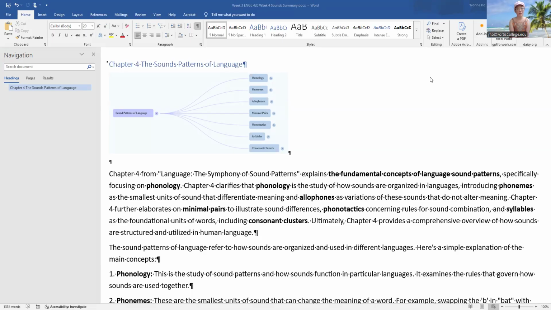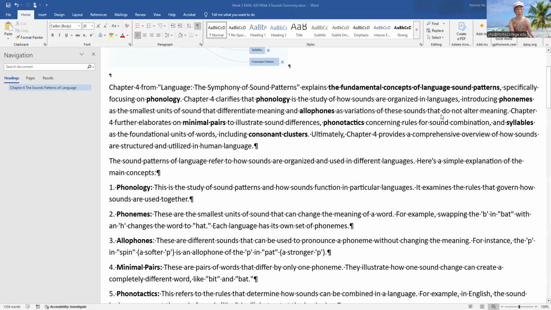Chapter 4 further elaborates on minimal pairs to illustrate sound differences, phonotactics concerning rules for sound combination, and syllables as the foundational units of words, including consonant clusters. Ultimately, Chapter 4 provides a comprehensive overview of how sounds are structured and utilized in human language.